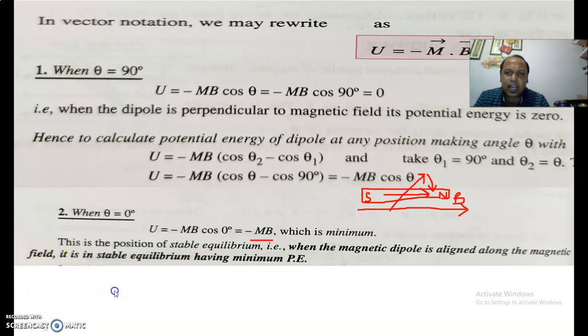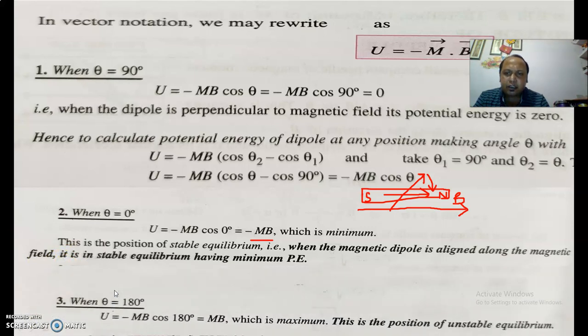Now, the last option that we are considering here is when the angle is 180 degree. The angle 180 degree means it is the situation when we have the dipole in a direction given by, let me show it here by drawing it. Here is the north pole and this is the south pole.